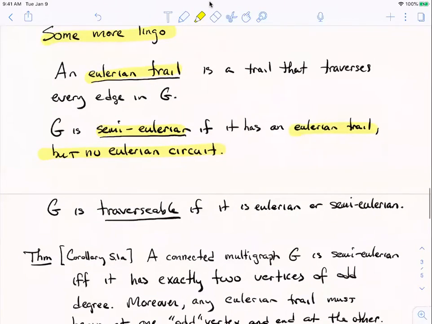The adjective that lumps it all together is traversable. A graph is traversable if it's either Eulerian or semi-Eulerian. So you can move around hitting every edge in this graph, either beginning and ending in the same place, that's the Eulerian case, or beginning and ending in two different places, that's the semi-Eulerian case.